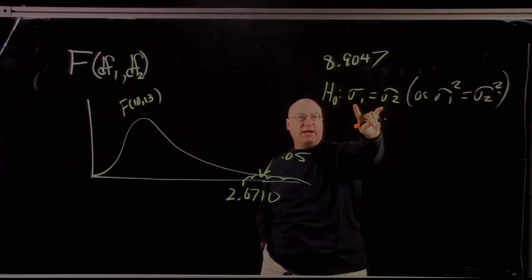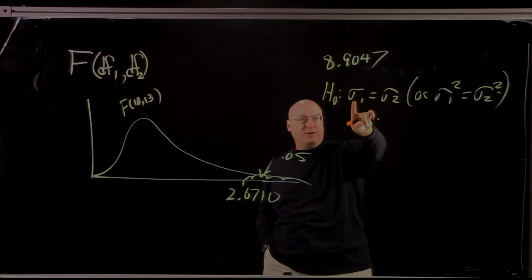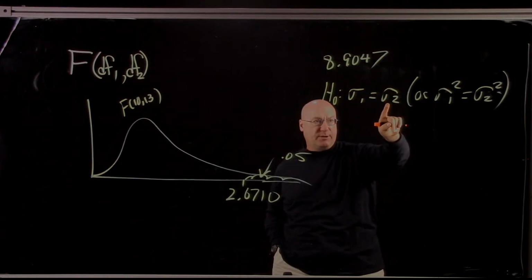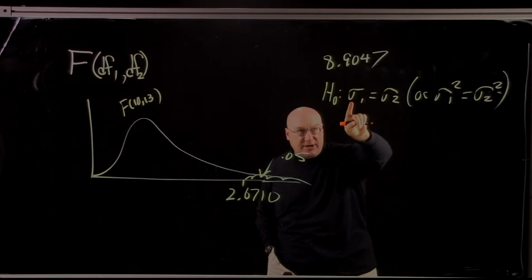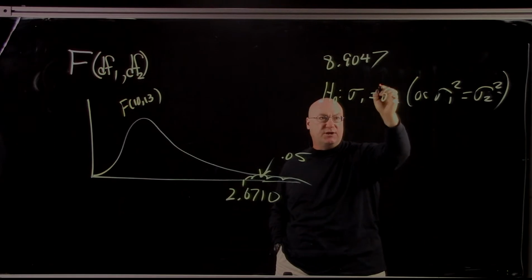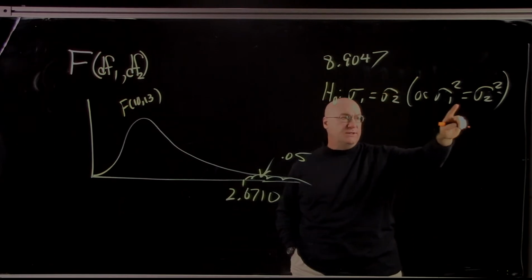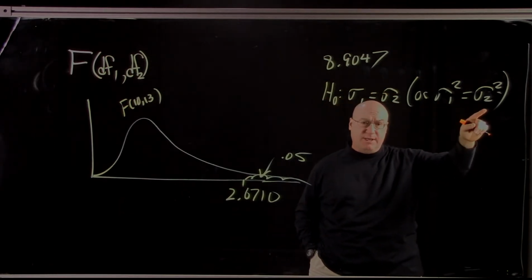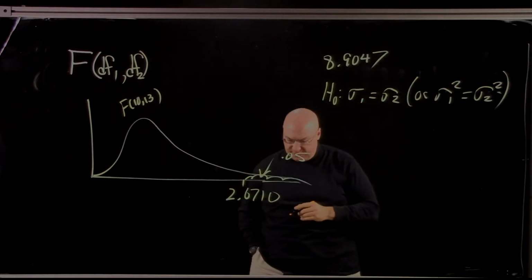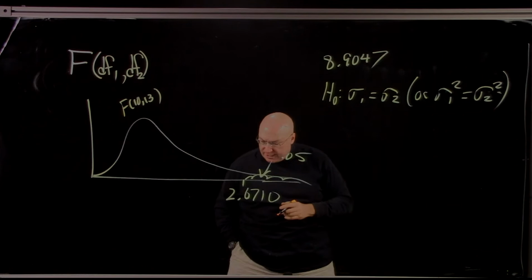This is saying that the population standard deviation for population 1 is the same as the population standard deviation for population 2, and this is saying that their variances are the same. Since these are just the squares of those, the fact that this is equal is the same thing as saying that that's equal.